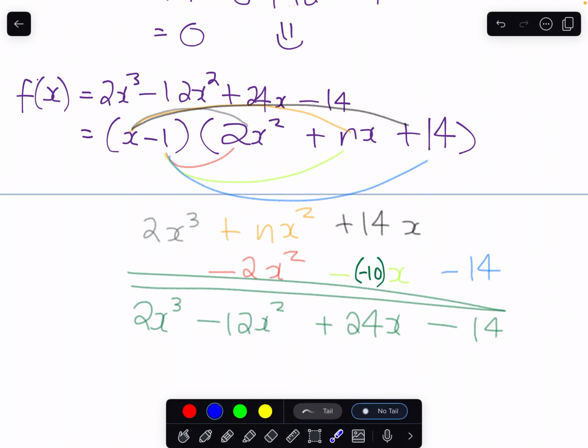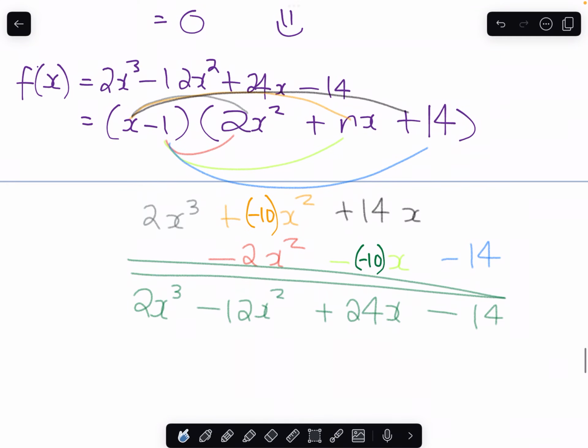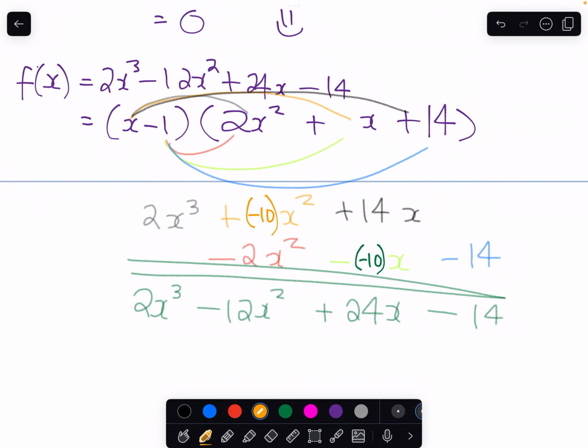If I have the minus 10, then I get a positive 10, and if I add those together I get the 24x. So n is minus 10, but let's double check. If we put minus 10 in here, does that addition work? Minus 10x squared minus 2x squared does in fact give us minus 12x squared. So we can confirm that n is indeed minus 10.